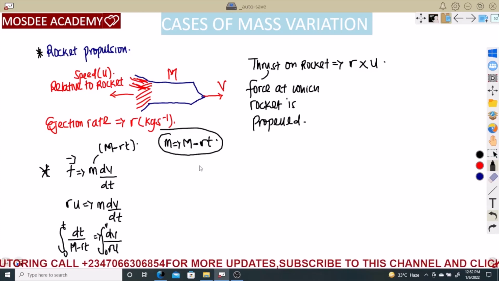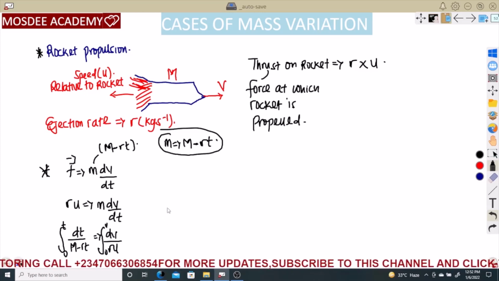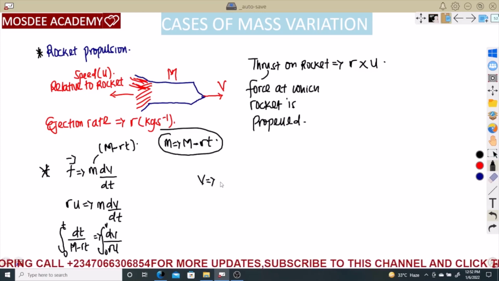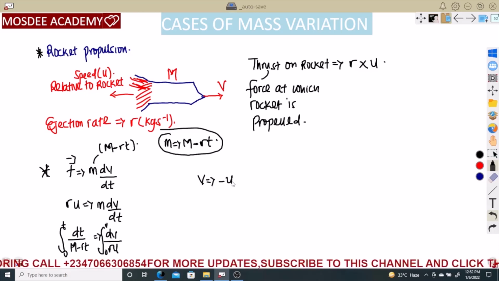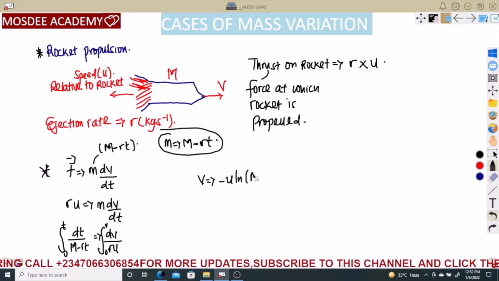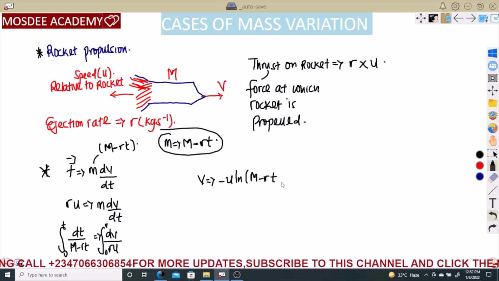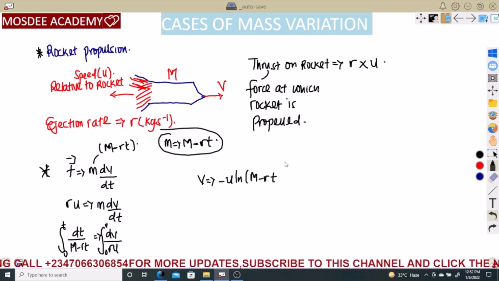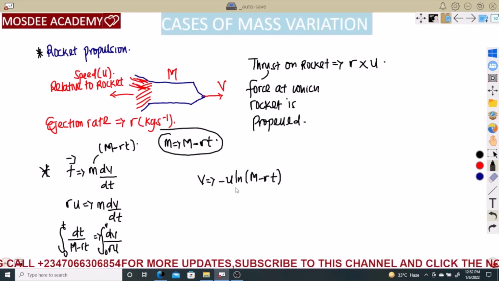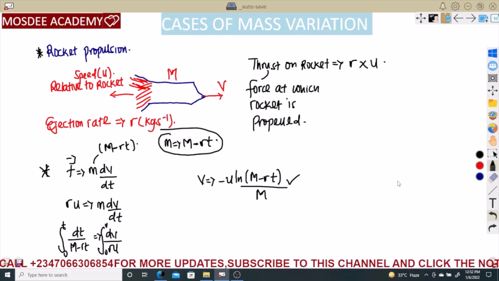So the derivation may not be important. Finally, this will give me v. Let me just do it directly. v is equal to negative u natural log of capital M minus rt over capital letter M, which is the formula I want you guys to work with.